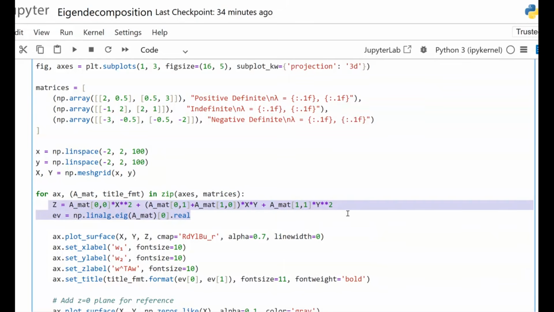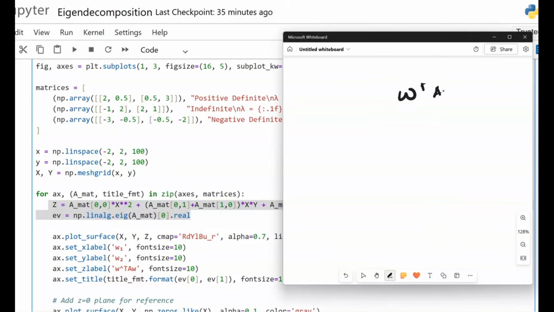So this is the expanded form of W transpose multiplied by A multiplied by W. And for symmetric A, this simplifies into A sub 1 1 multiplied by x squared plus 2 A sub 1 2 multiplied by xy plus A sub 2 2 multiplied by y squared.